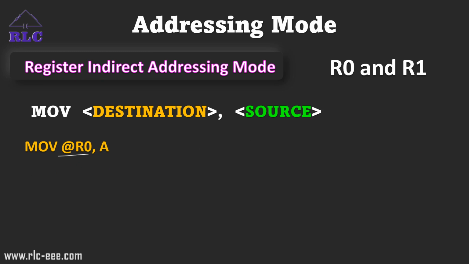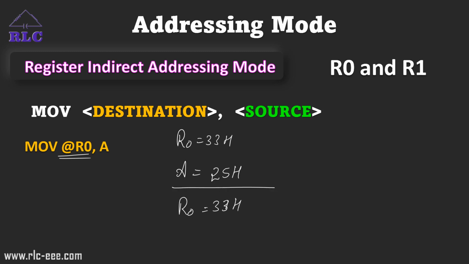We'll consider the same. R0 is equal to 33H. Assume the accumulator is having the 25H value. Now after executing MOV @R0, A, the R0 value remains the same, 33H itself. This is after execution.